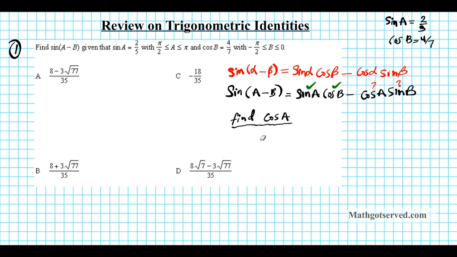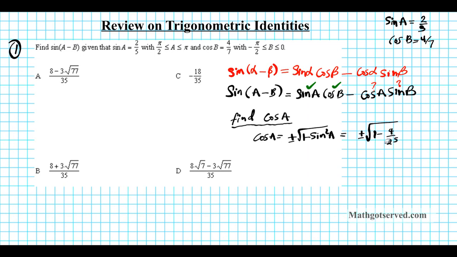The Pythagorean identity I'm going to use is cosine A equals plus or minus the square root of 1 minus sine squared A. If I plug in the value of sine A in here, I'll have plus or minus the square root of 1 minus 2 over 5 squared, which is 4 over 25.